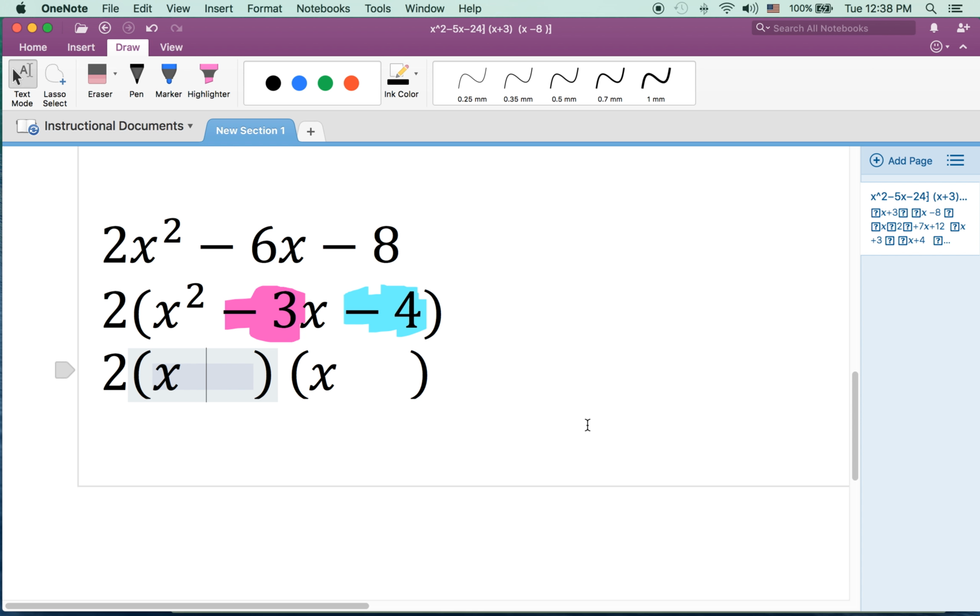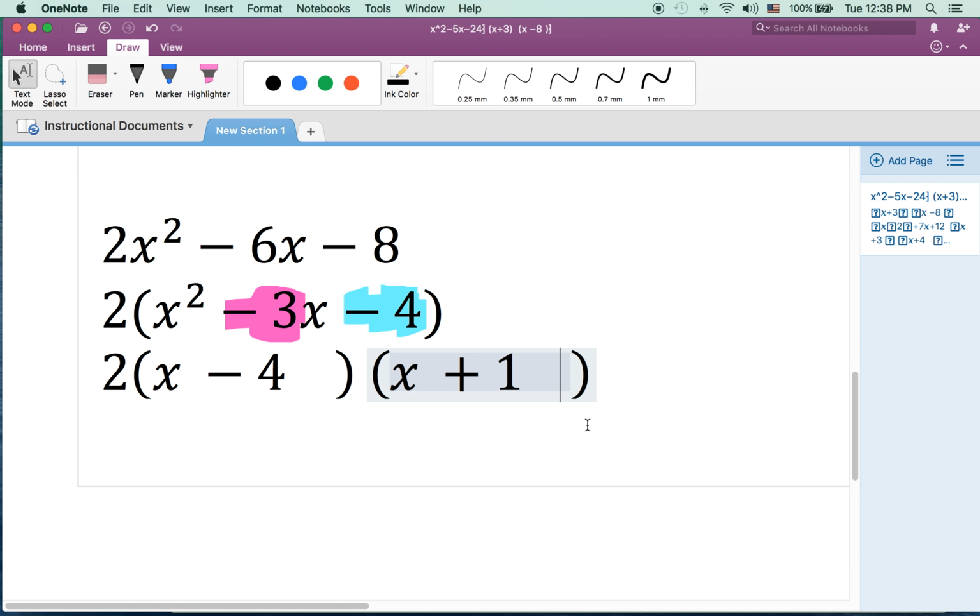Okay, well, negative 4 and positive 1 multiply to negative 4 and add to negative 3. Okay, so we've correctly factored this polynomial, even though it looked a little complicated.